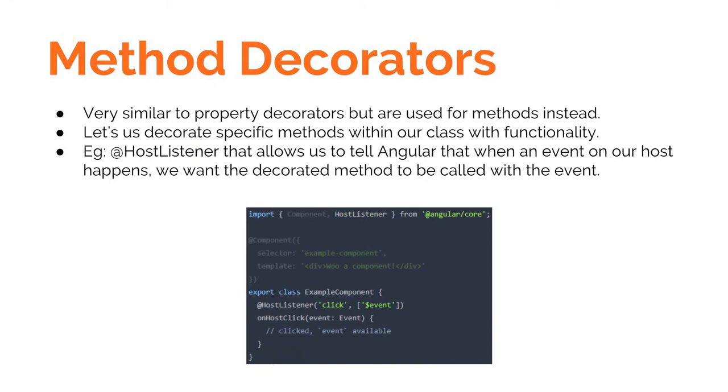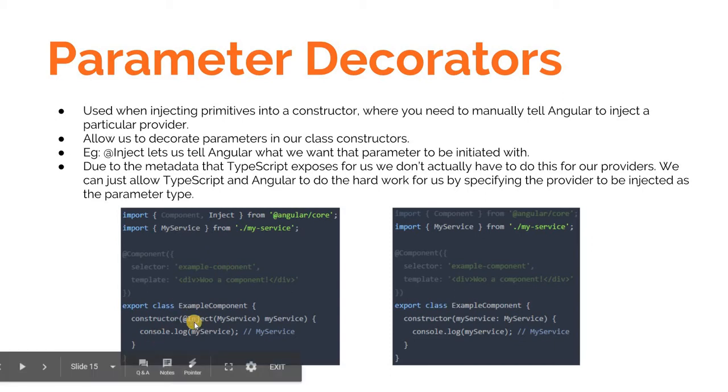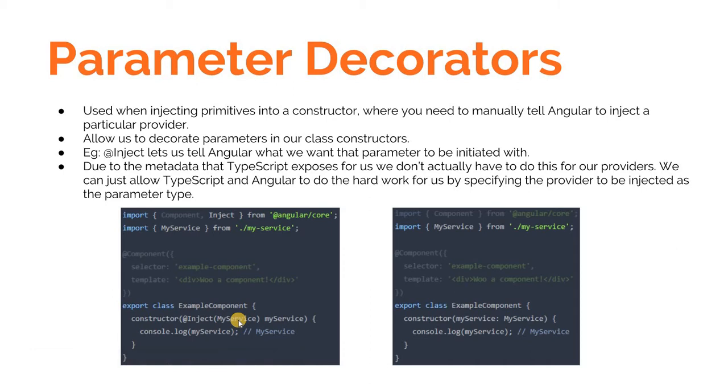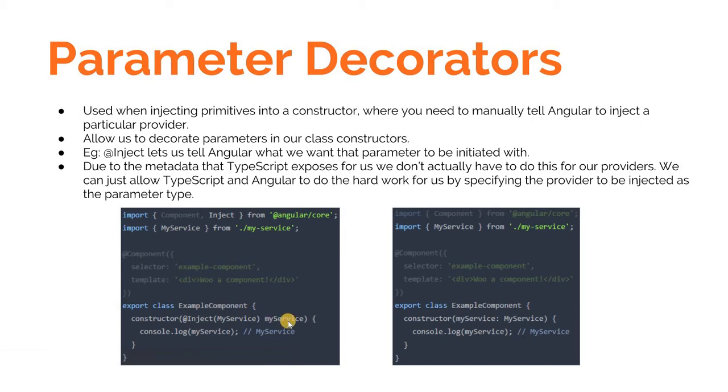Apart from that, we also have the parameter decorators, and these are basically used if we want to inject a particular type of dependency in a component. You can use it inside the constructor by using the inject decorator like so, and specify the type of dependency that we want to inject, and this dependency is then injected inside the variable that you specify here.